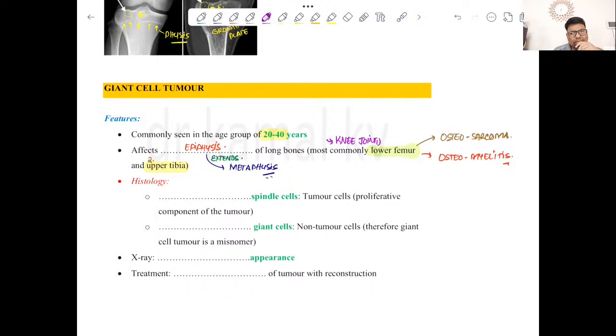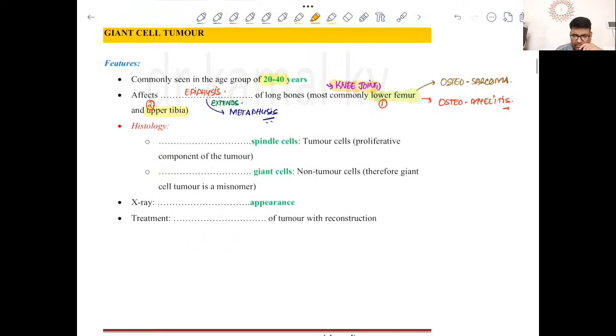So if you don't know the answer, in that case, please mark the answer as knee joint. And if it is specifically in terms of bone, then you can write lower end of femur as the first. If it is not in the options, then you can go for upper end of tibia, which is the second for most of the entities, right? But not always. So it's just in case you don't know the answer and you have to play a guess game. Okay, chalo.